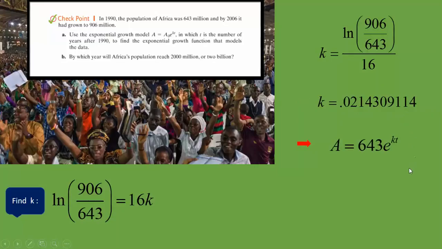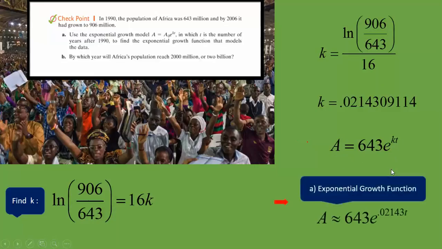So I go back to my formula that I have. It's A is equal to 643 e to the kt. And what I decided to do was to approximate the value of k to 4 significant digits.